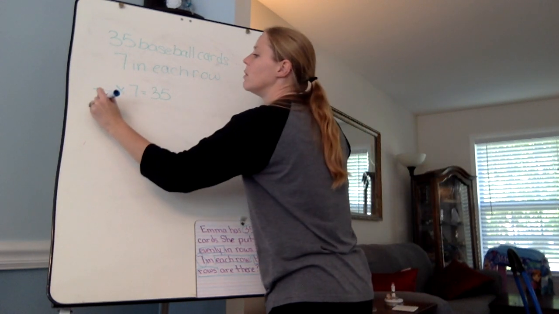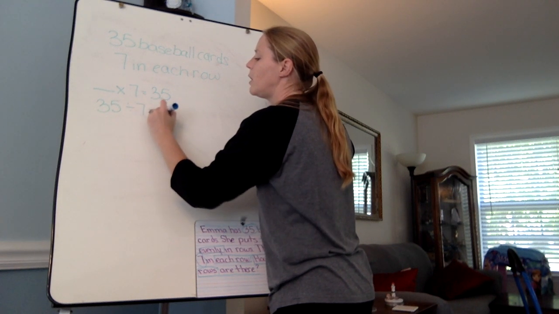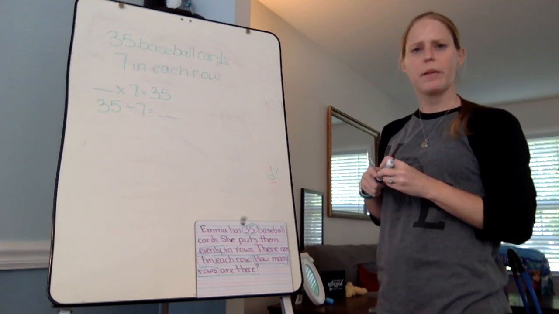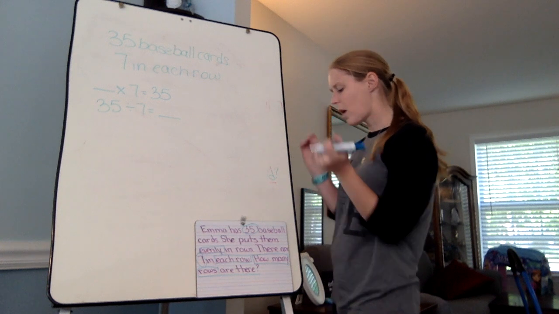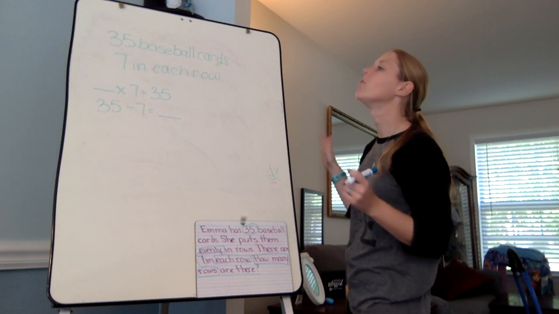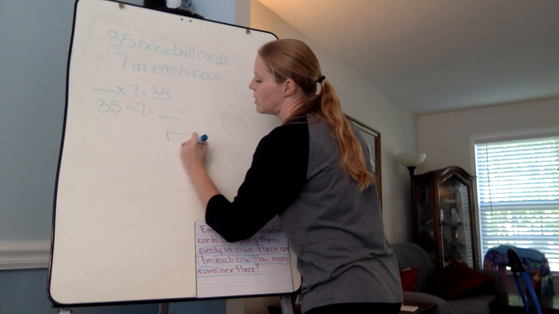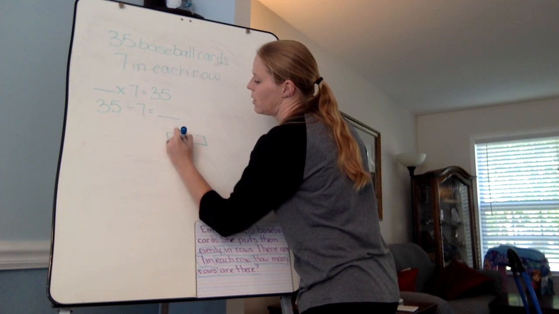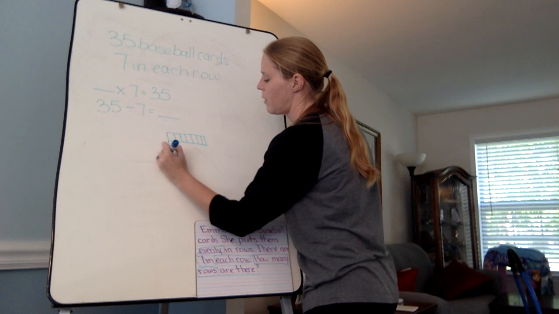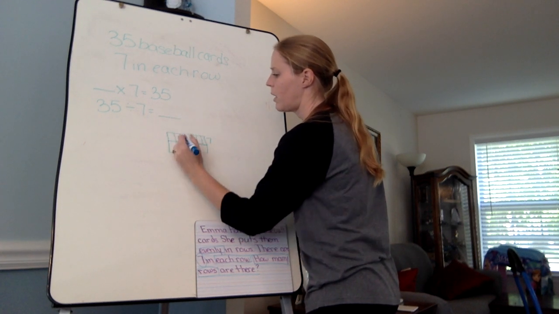Or I could do 35 divided by 7 equals our unknown. Let's draw it out. Let's do an array. So I know that she's got 7 in each row. I just don't know how many rows she has. So I'm going to go ahead and draw 7 in each row. And I'm going to keep going until I reach 35.